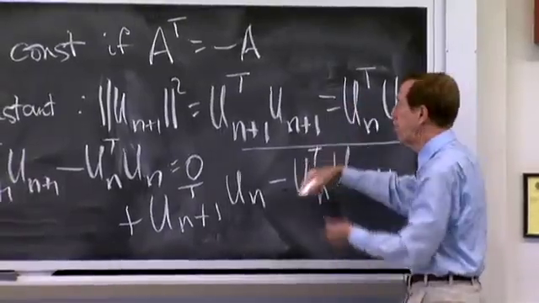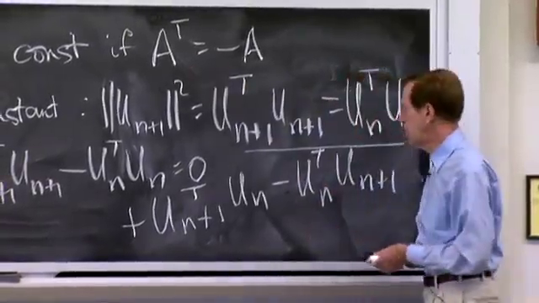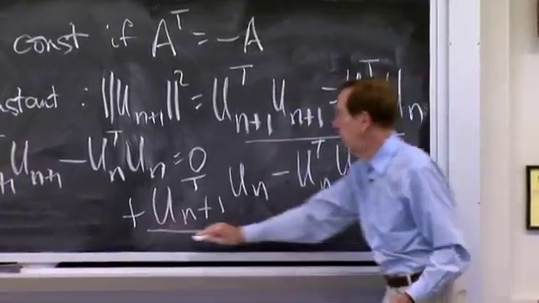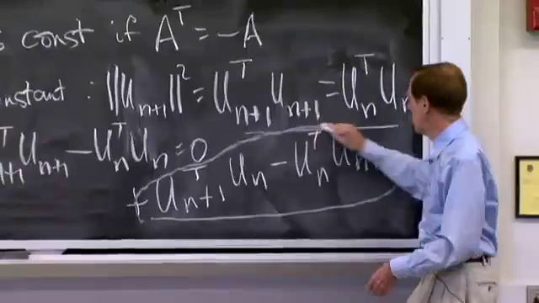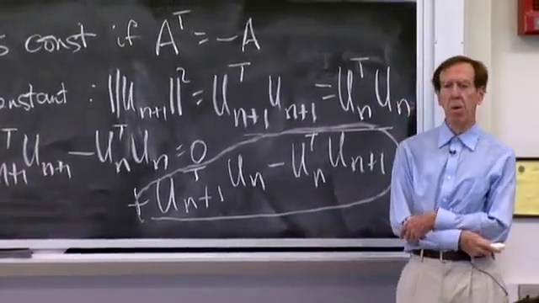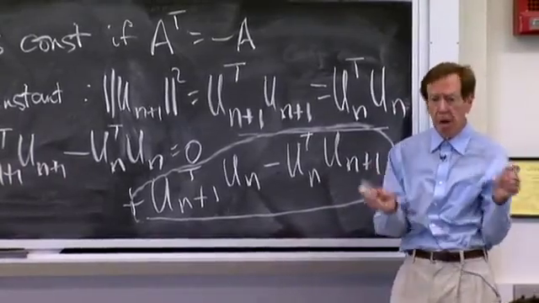That'll be when you've plugged in the fact that A transpose equals minus A. And all I want to do is ask you, what does that term amount to? So that term will show up one way or another, and what does it equal? 0. Everybody should know that.